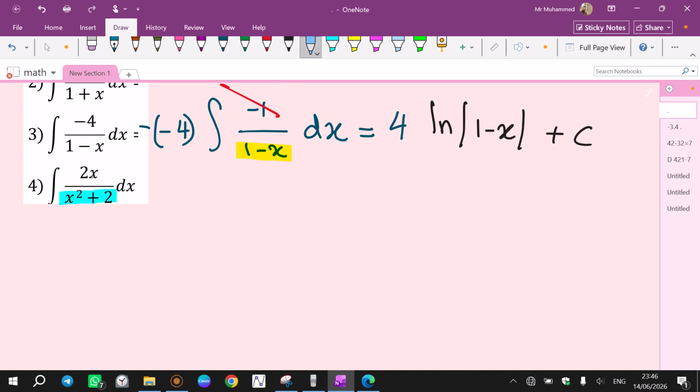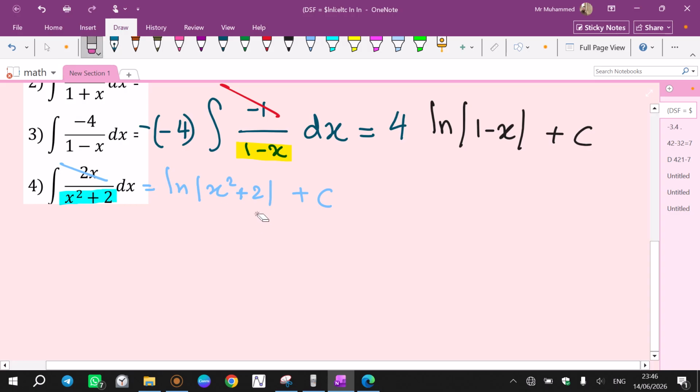Since the 2x is available up, the derivative part will cancel out. Then the result will be ln absolute x squared plus 2, and there's always plus c. What if I don't write absolute for this question? Since x squared plus 2 is always positive, it's okay to not write absolute, write only normal brackets. It's totally okay.